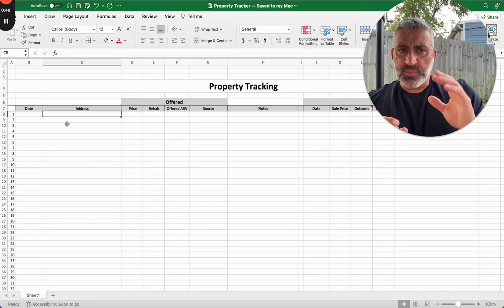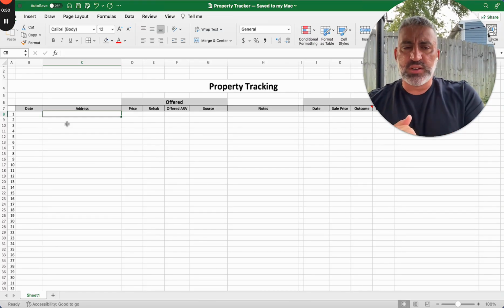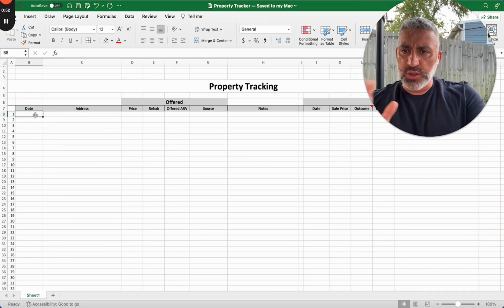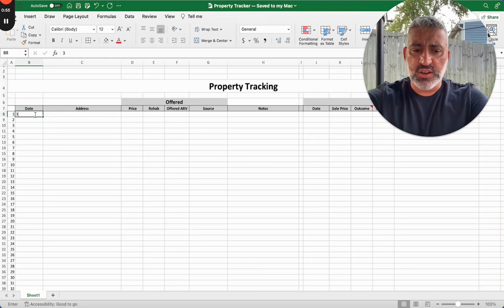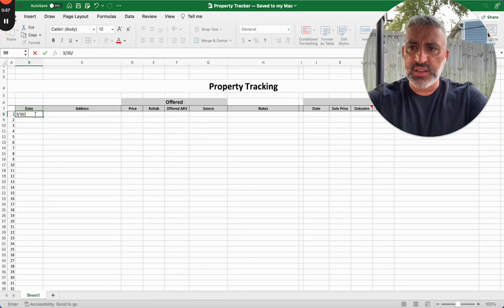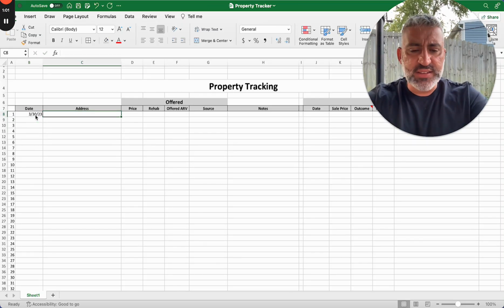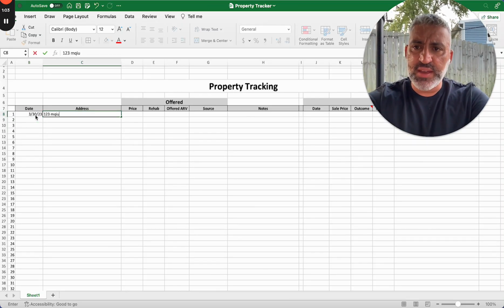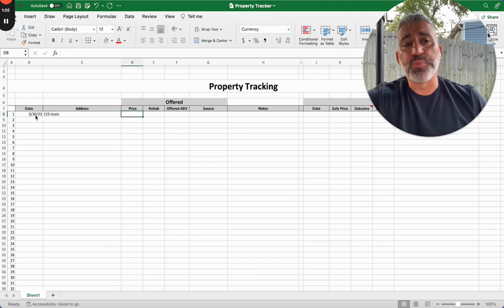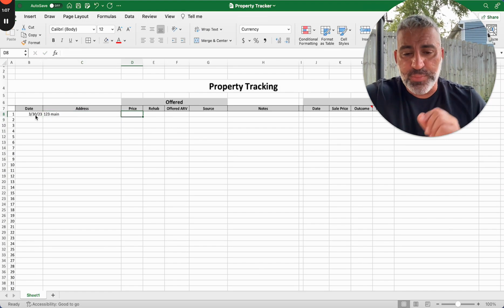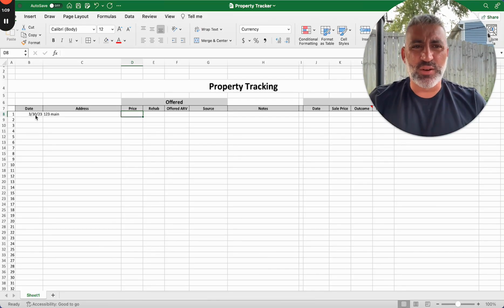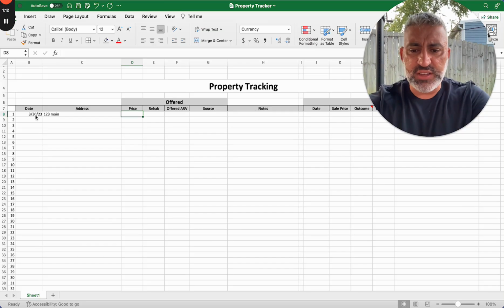Now, the property tracker is really, really straightforward the way it's set up. The date a property is offered, say you got offered something March 30th, 2023. Write down the address, 123 Main. The price you were offered the property at. Say a wholesaler had it, they were offering it to me at $35,000.